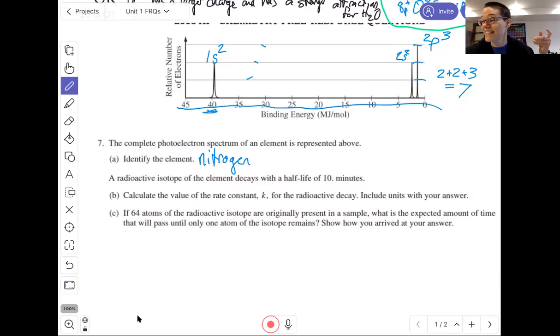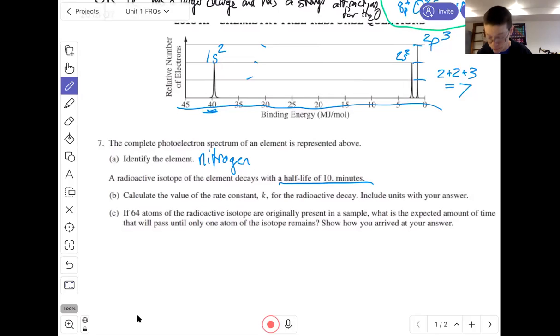Our questions will be like this, jamming different topics together. You need to recognize when you've switched topics and look at your equation sheet to jog your memory. It says a radioactive isotope of the element decays with a half-life of 10 minutes.